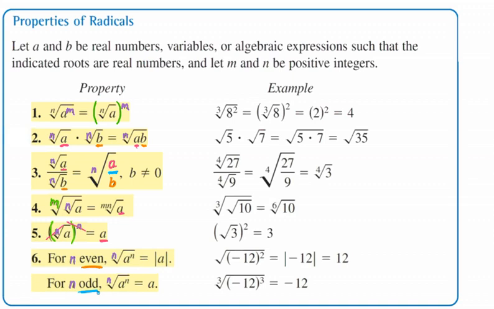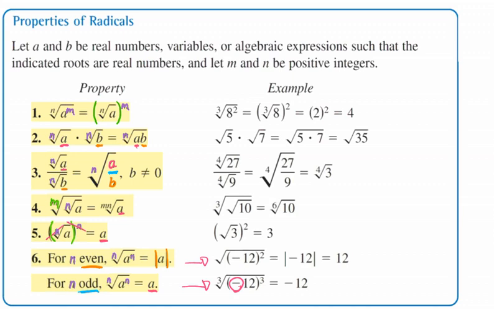If our n value is even and we have the nth root of A to the n, then our answer is going to be the absolute value of A. But if our n is odd, then the nth root of A to the n will just be our base of A. And there's some great examples of why if we look just to our right. Remember, we talked about how if we have an odd root, you're allowed to have a negative on the inside of a radical.